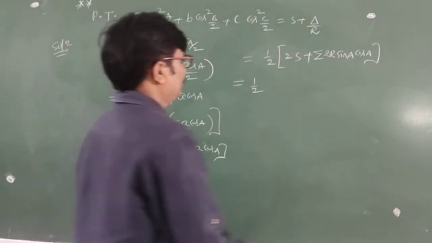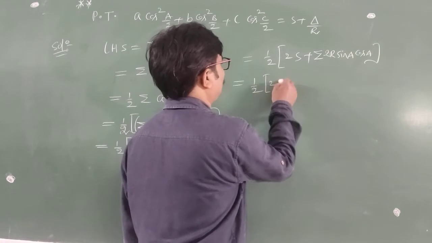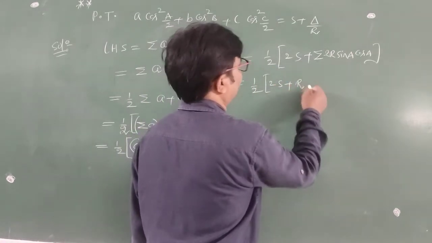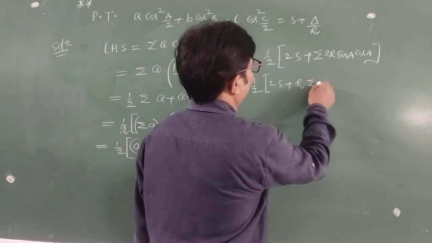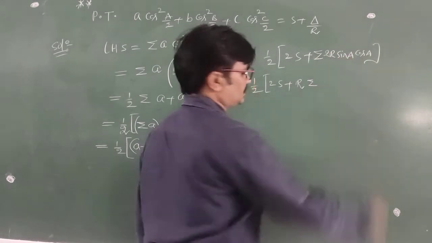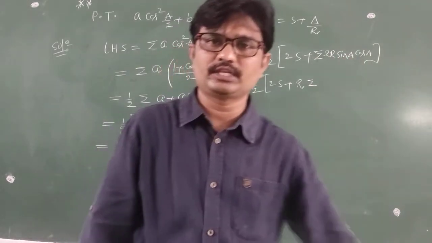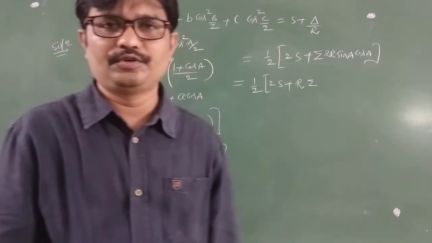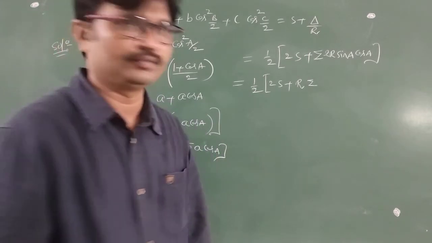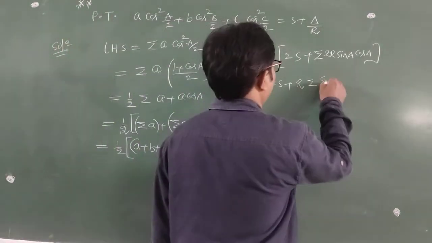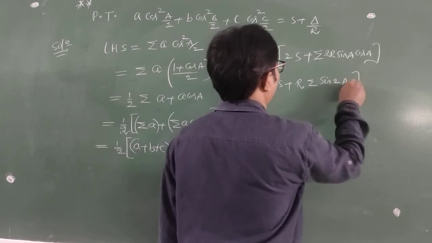So here we are taking 2R into, everybody knows, 2 sin A cos A. This is the formula of sine of 2A. Sine of 2A is 2 sin A cos A. So students, this can be written as sin 2A.